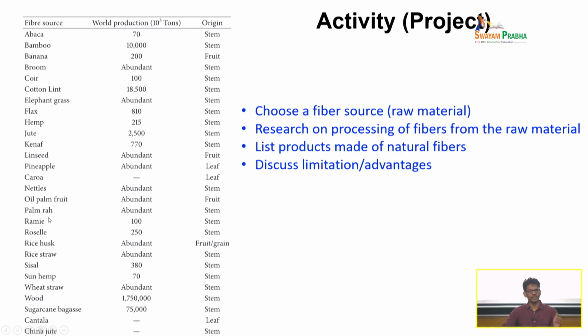Not only sugarcane bagasse, you have bamboo, banana, broom, coir, flax, jute. The left-hand side basically tells you how much natural material is available to us for use. All of them will differ in terms of chemical composition. Maybe some natural fibers would be rich in cellulose over hemicellulose, or maybe some of them have more hemicellulose than cellulose. Lignin will always be there to a certain extent. Okay, that's what holds things together.